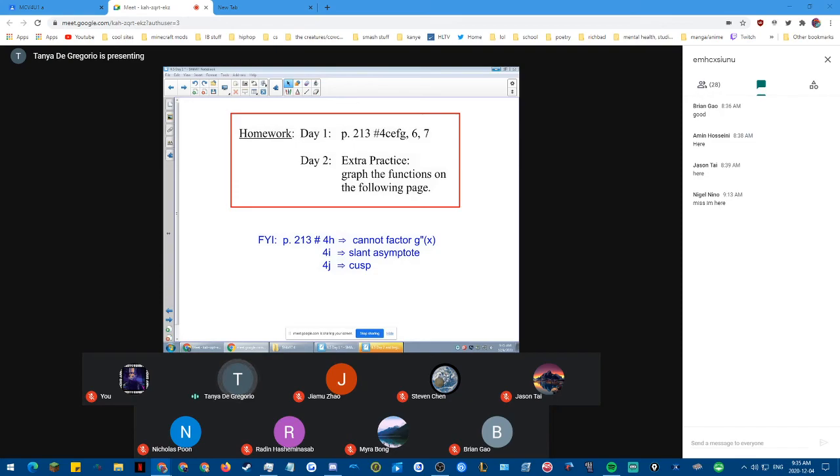And then you want to check to the left and to the right. And what they're telling you is that a is greater than 0. So if a is greater than 0, then this value is always negative.